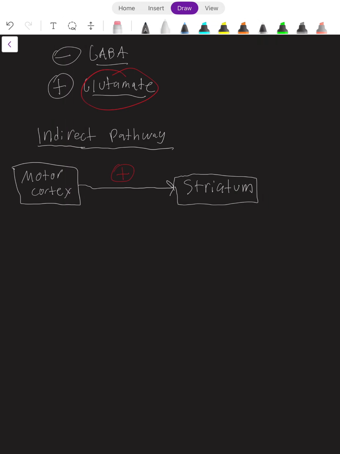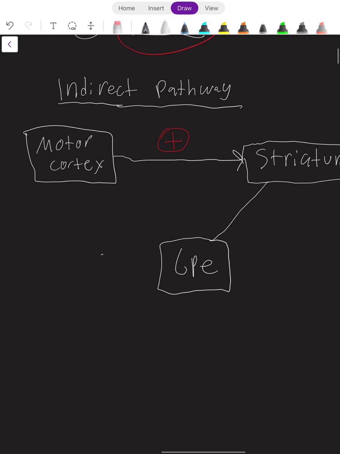Now, from the striatum, we're going to go to a structure called the GPE, or globus pallidus externus. I just don't want to write all that out. And then there's also the globus pallidus internus, so we're going to call that the GPI, okay? And we do want to make the distinction that they're not fully connected, right?